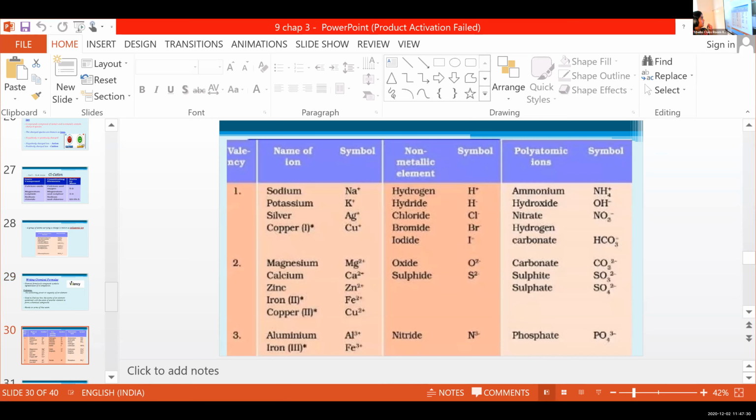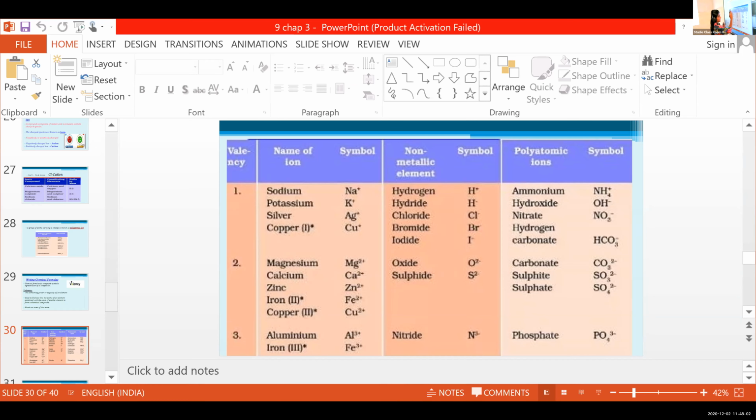Here are the valency, name of ion, symbols, non-metallic elements, then polyatomic ions and their symbols. Look at this table. First, valency. Valency is represented in terms of numbers. There are certain ions that have valency 1.